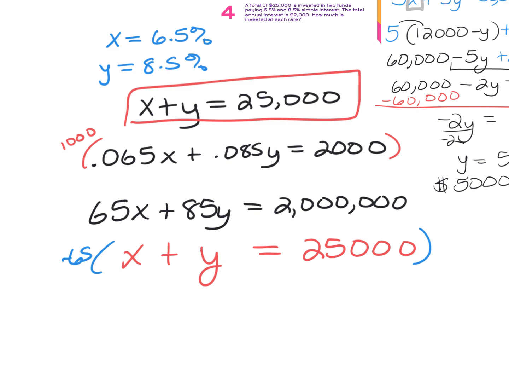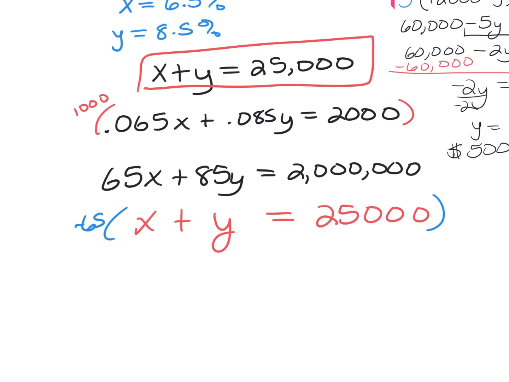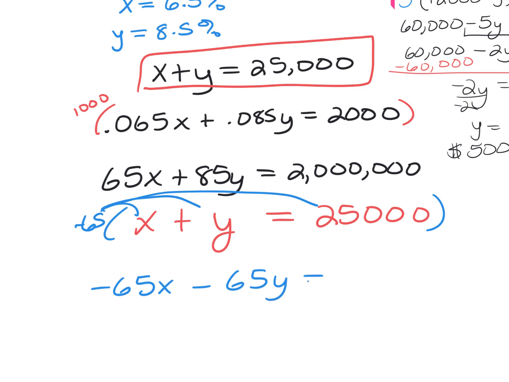Now again, you could do substitution on this. I just want to show you have options. So once I distribute negative 65 to all 3 terms, I end up with negative 65x minus 65y, and then I have to multiply 25,000 by negative 65, and I get negative 1,625,000.